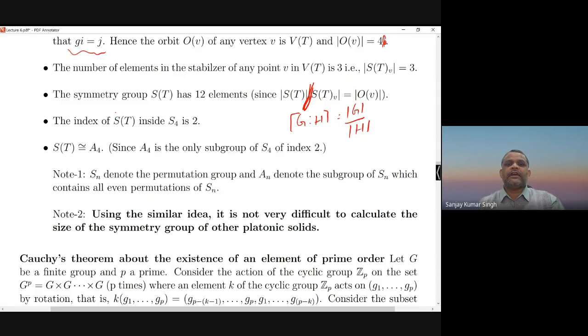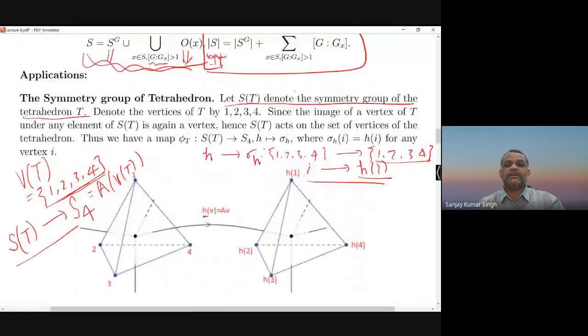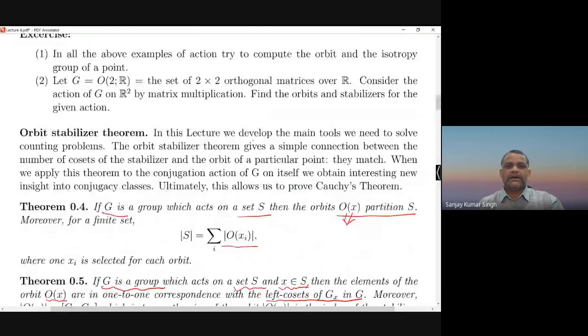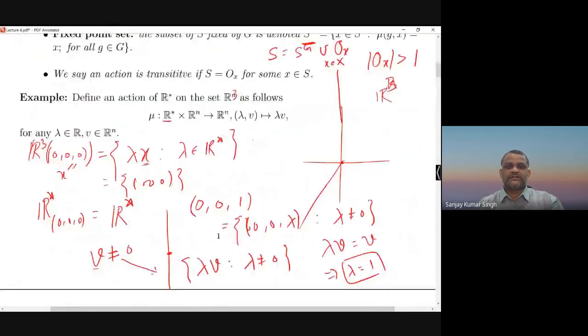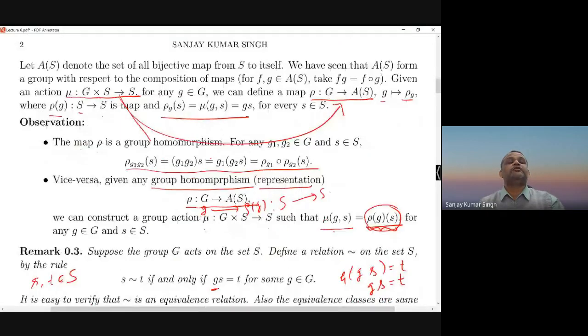And if you see very carefully, what I have done is I have shown that this symmetry group is exactly sitting inside this. So if you use this idea of group action, this group homomorphism idea, then you can also give a different proof of Cayley's theorem, which says that if you have any group, then I can embed this group inside the symmetry group of itself.